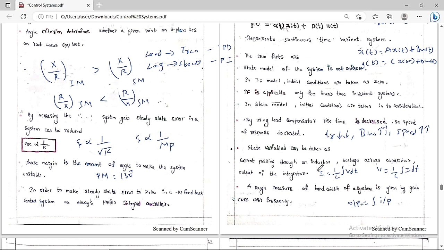Current in an inductor, voltage across the capacitor, and the output of the integrator are all state variables, because these are the integration of some other variables.